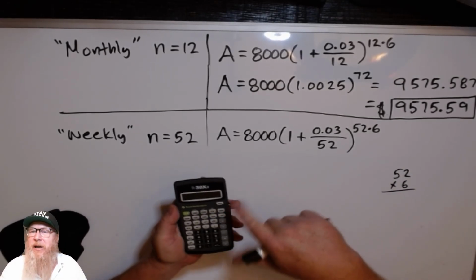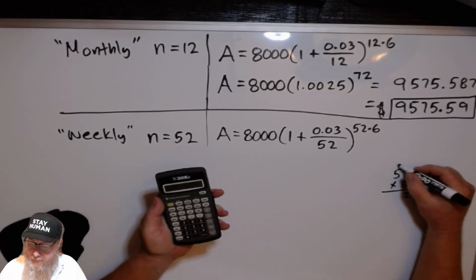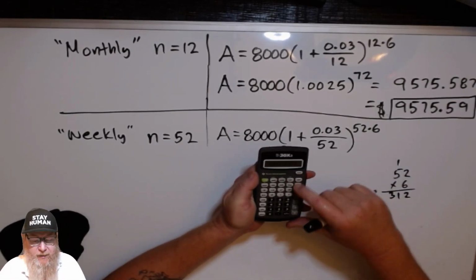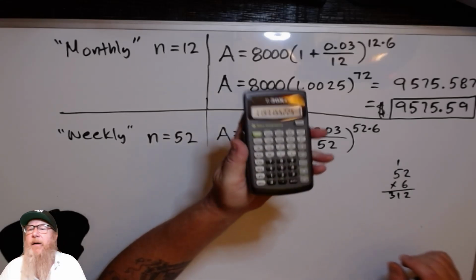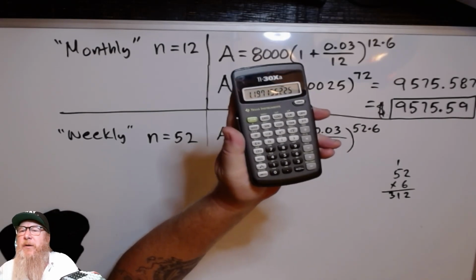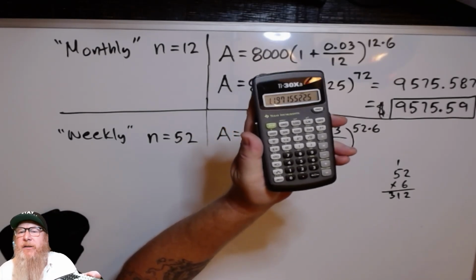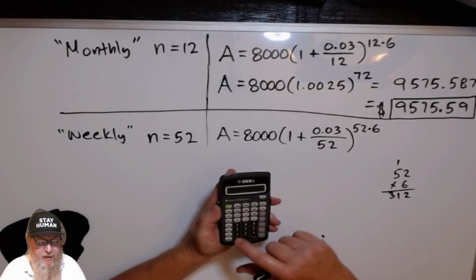Now, if you clear your screen, you're going to have to do that all over again. I don't know. Let's see. Yep, 312. All right, so we're going to raise that to the 312 power. All right, that's our multiplier factor. In some intuitive sense, that's the product of that times your initial investment, which was $8,000.